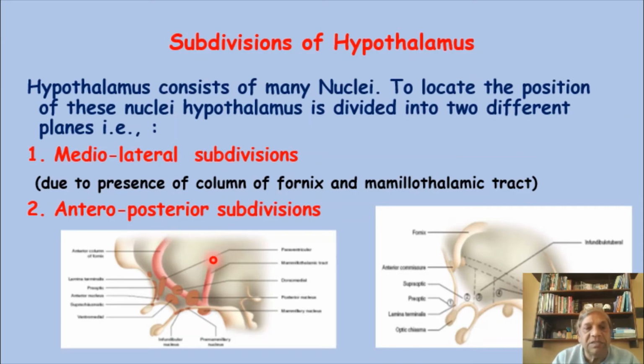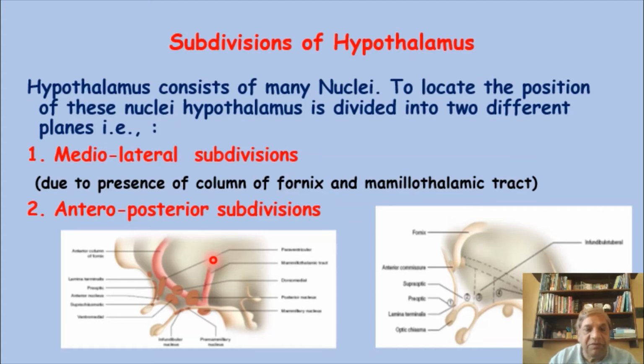So the hypothalamic nuclei are divided into medial and lateral groups with the help of the mediolateral subdivision, because of the presence of the column of the fornix and the mammillothalamic tract. The lateral subdivision is present deep to the column of the fornix and the mammillothalamic tract.